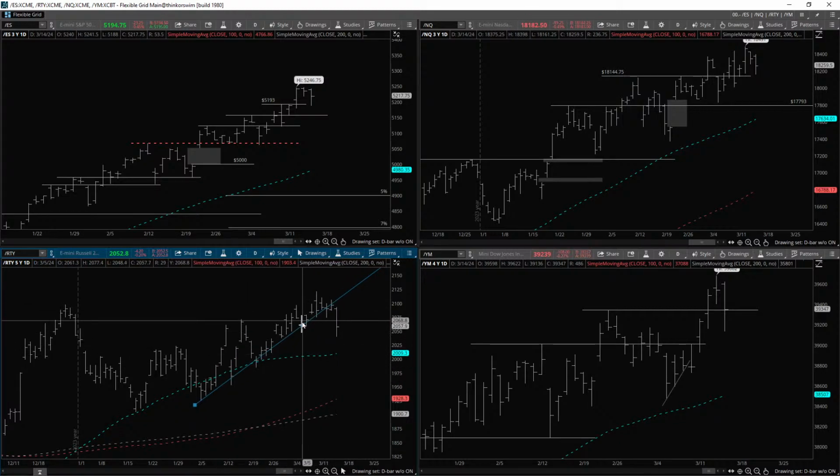Now we have to see if there is continuation here, or if this market is going to form a range. The 50 is right there. The Dow is also buying right from support. It closed at the support. It didn't get back to this previous high.